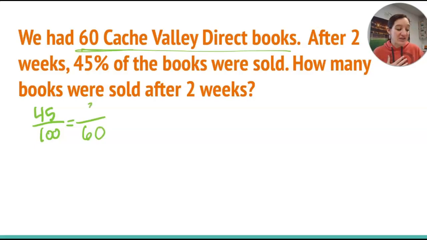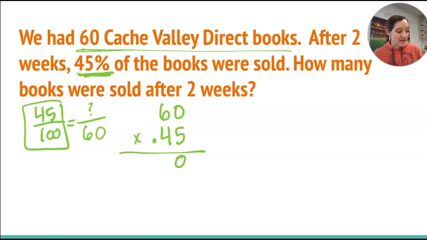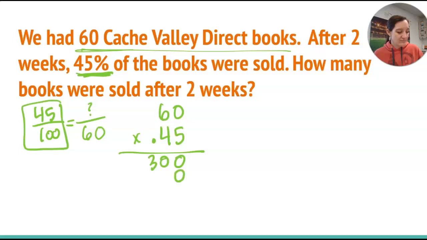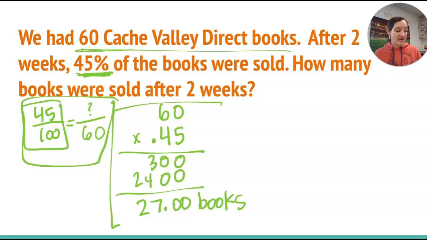Or because you see that you're looking for the part, instead of the fraction version, you could do the decimal version and use multiplication instead. And that would be 27 books were sold after 2 weeks. Okay, so you have the ratio way you could do it or the decimal multiplication way.